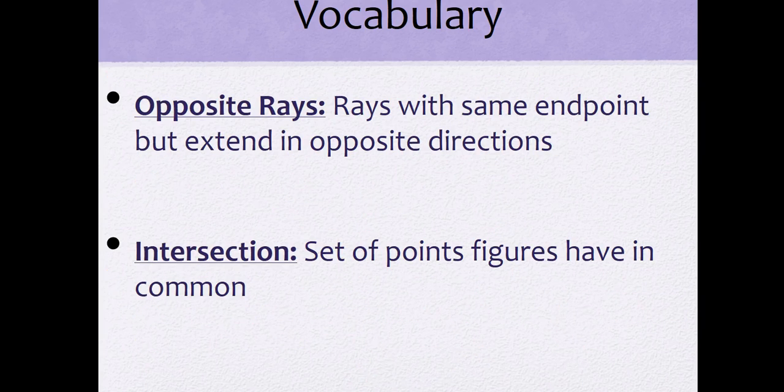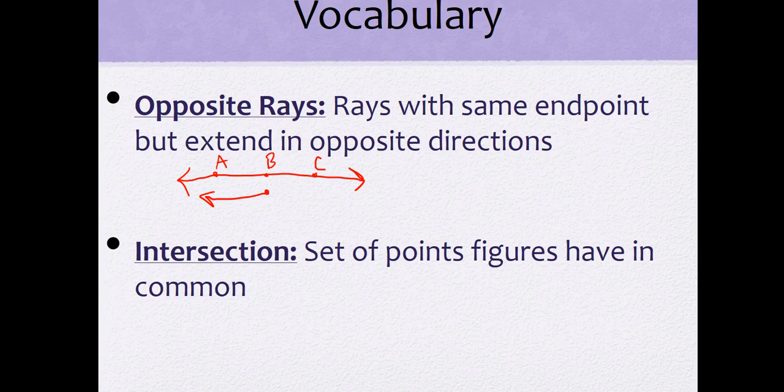The next thing is opposite rays. Those are rays with the same endpoint but extending in opposite directions. So let's say I have this line with points A, B, and C. There are actually 2 opposite rays if we have B as my endpoint. So I could have a ray that's going from B to the left.